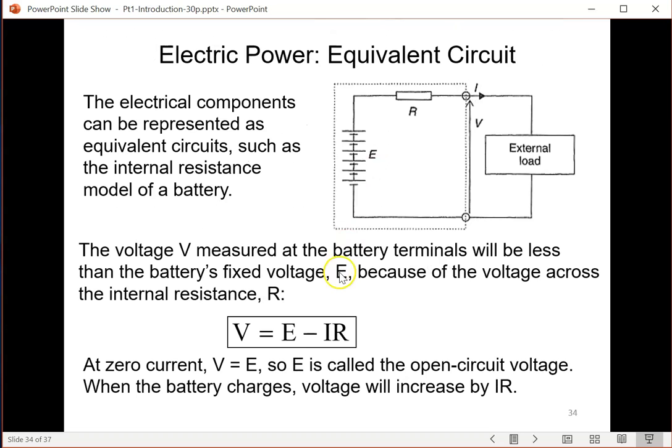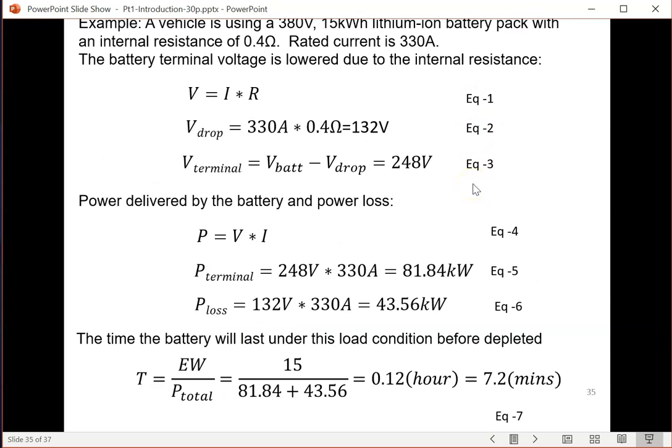Then I can use this formula to work out the output voltage V. So the output voltage at the terminal of the battery equals the total voltage, 380, that's E, or V bat, minus the voltage drop of the internal resistance. Therefore, the output voltage is 248.